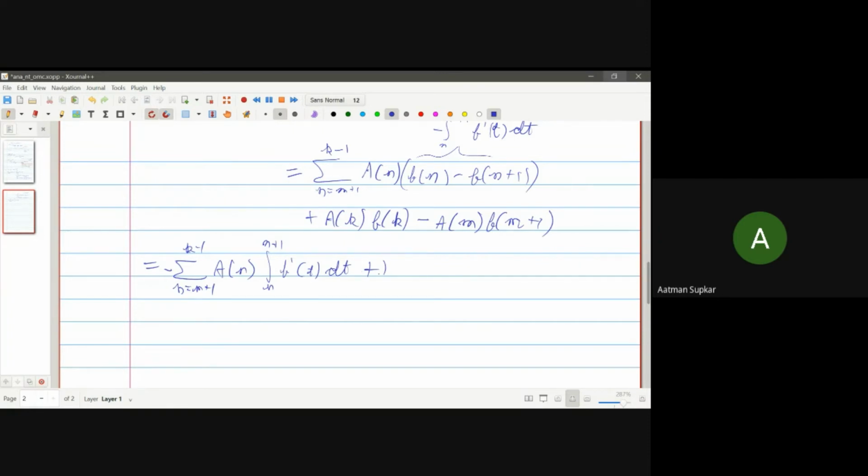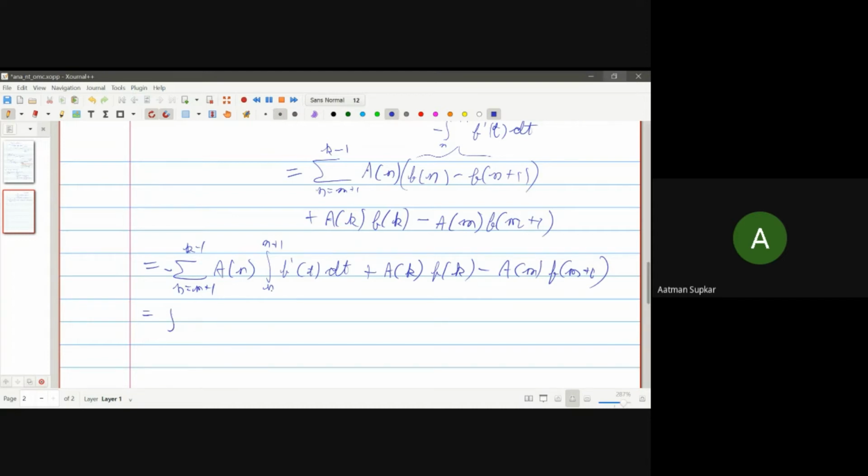I'll just do it in the next step. Let's not do all of them simultaneously. k minus A m f m plus 1 equal to, okay, might as well write this thing directly at this point.